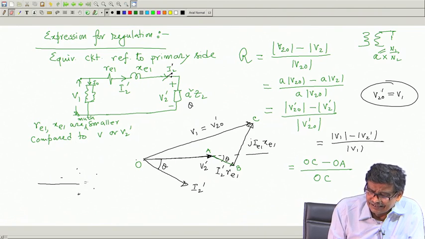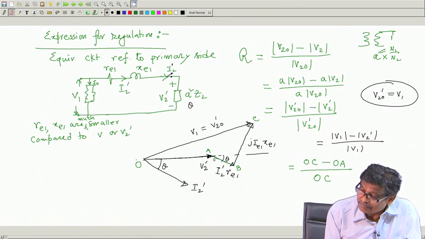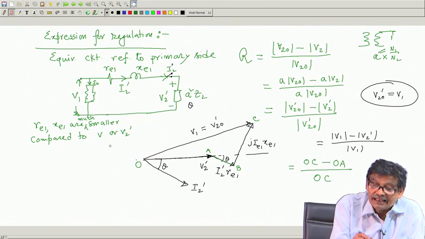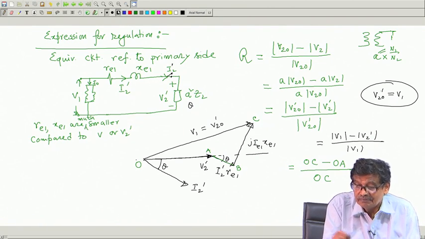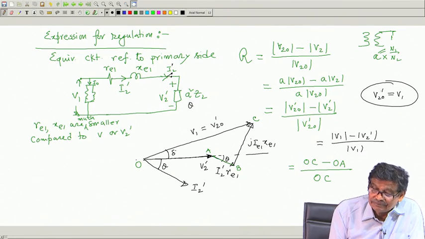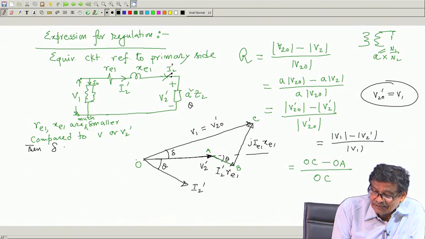Now, rest of the thing is pretty simple. Therefore, if these two lengths are small, this angle, suppose I call this angle to be delta, compared to V 1 or V 2, then delta will be also small.